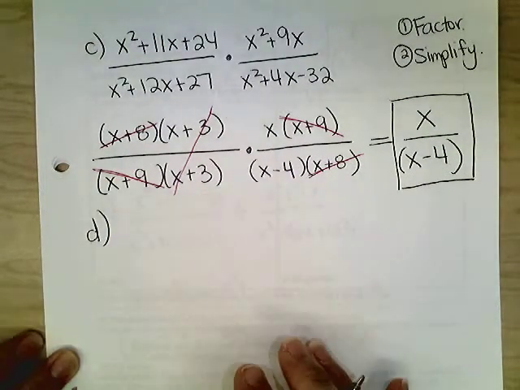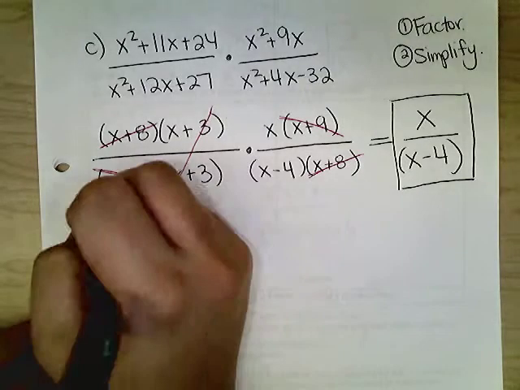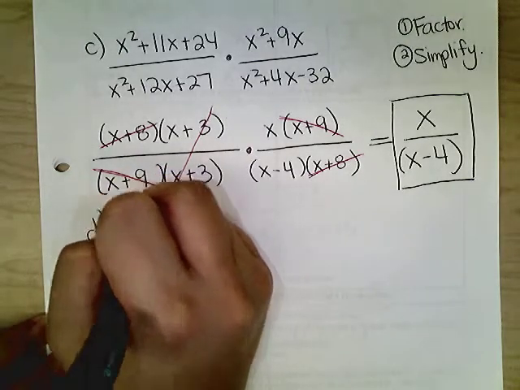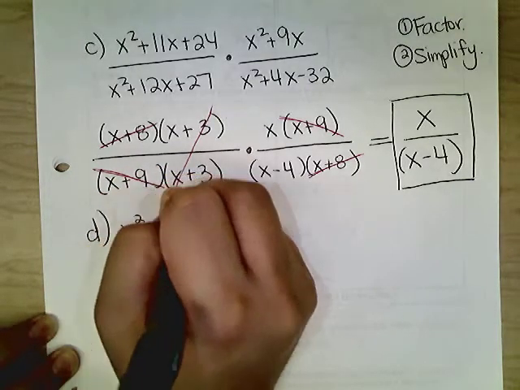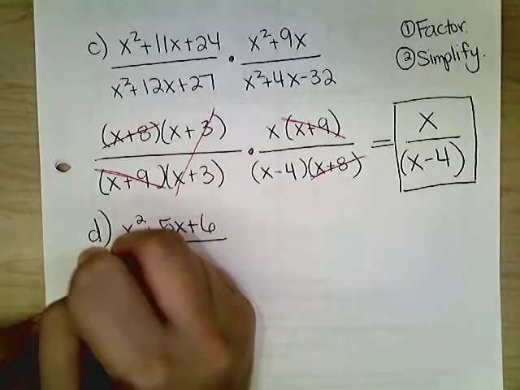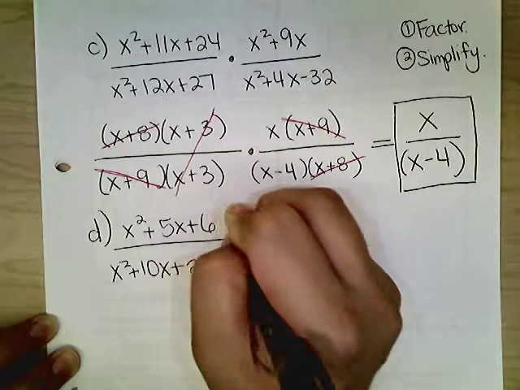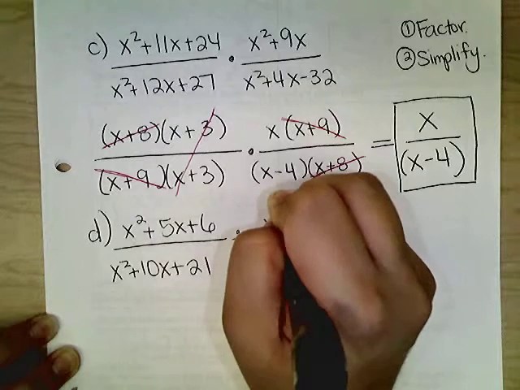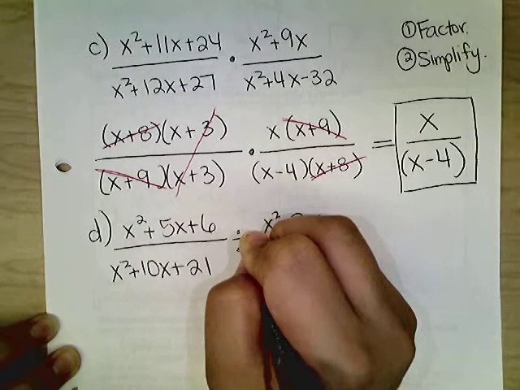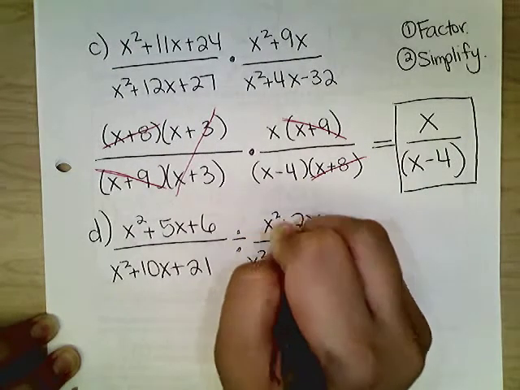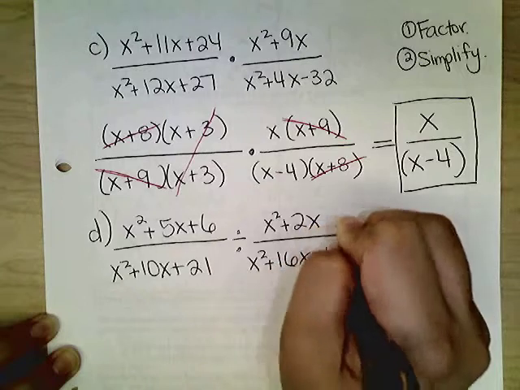So our division problem, we're going to use the same kind of a complex problem, x squared plus 5x plus 6 over x squared plus 10x plus 21 divided by x squared plus 2x over x squared plus 16x plus 63.